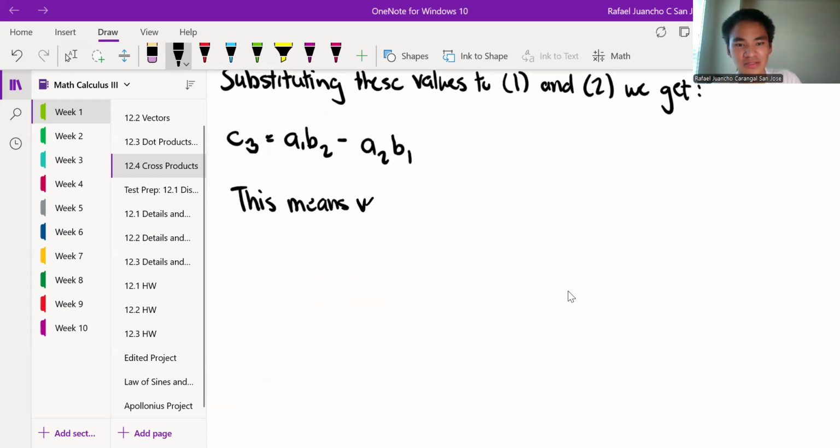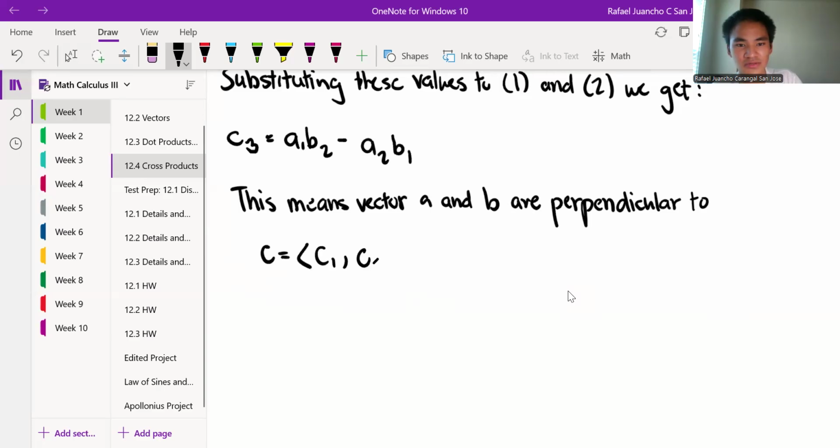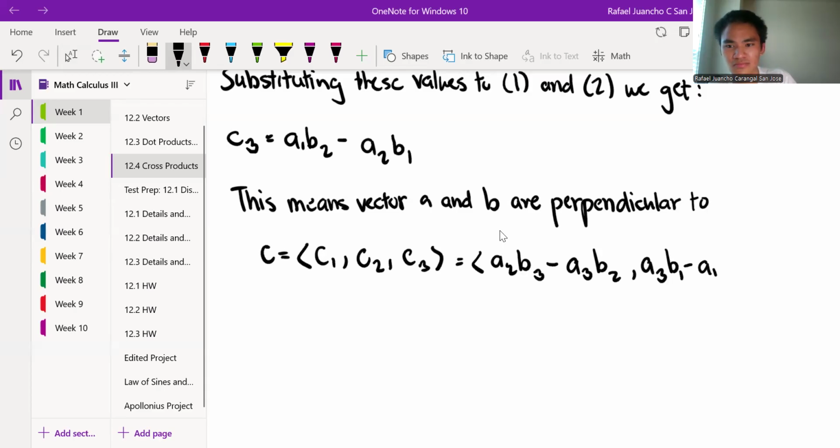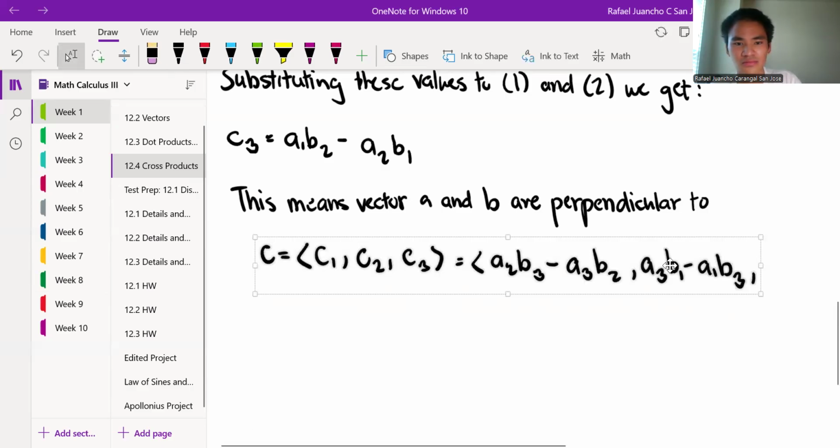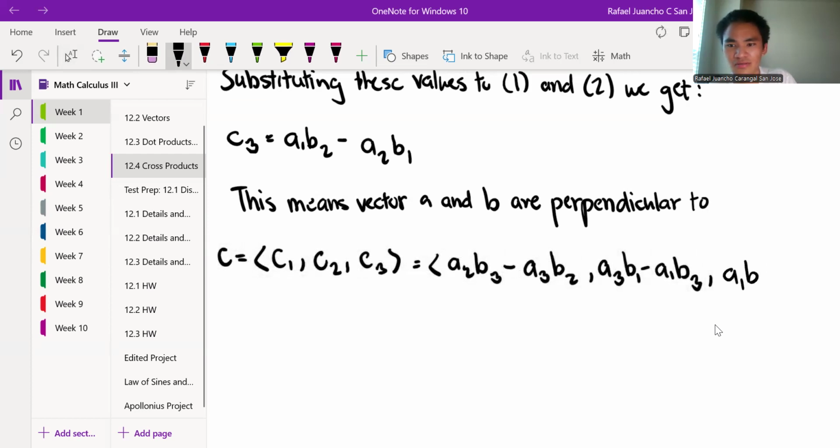So I'm just rewriting it. This means vectors A and B are what we call perpendicular to vector C, which has components C1, C2, C3, and we're going to write them in terms of A and B. So we have A2B3 minus A3B2, then we have A3B1 minus A1B3, and lastly A1B2 minus A2B1.